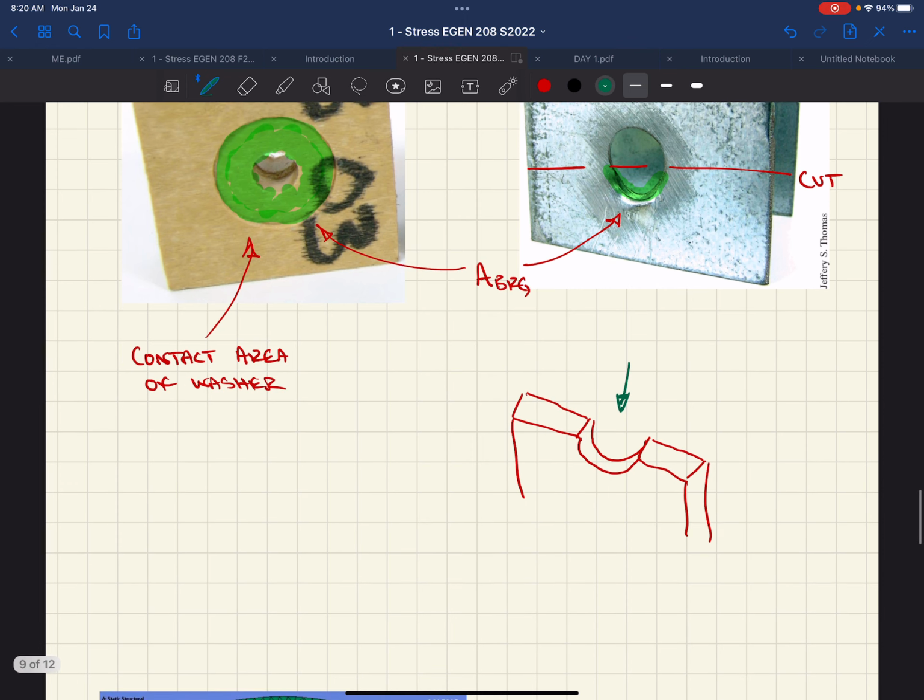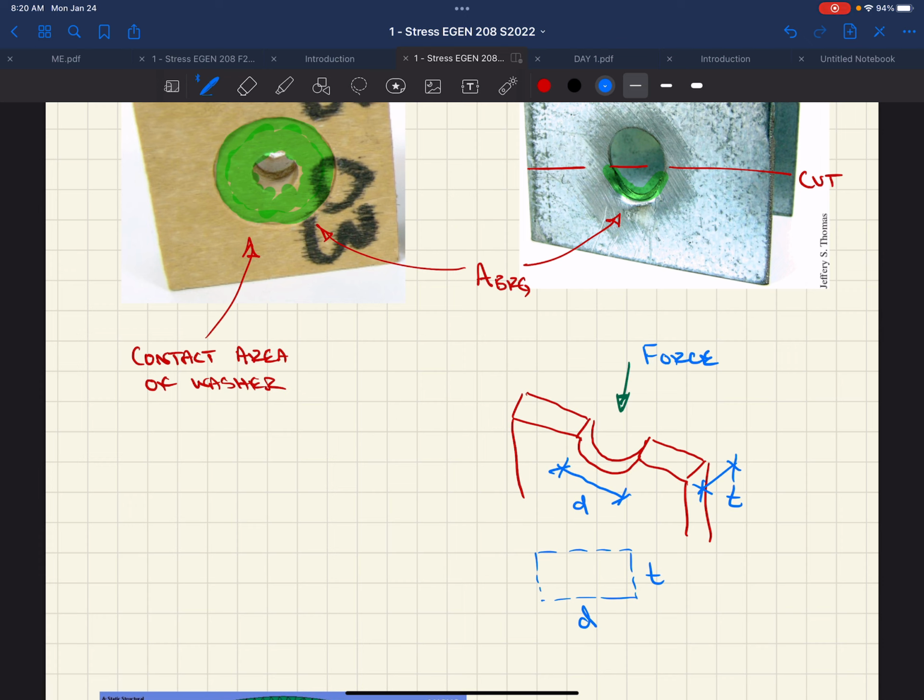And so if this was our diameter D, and this was the thickness of our plate T, that bearing area then becomes D times T. Because as the bolt is bearing on the plate, it only is going to see the width of the hole D and the thickness of the plate T. This was our applied force.